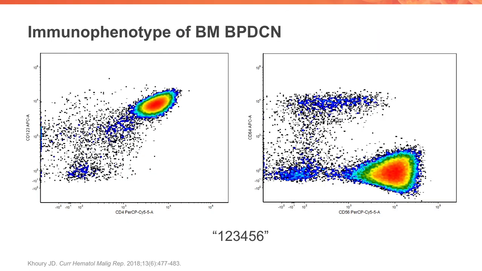The flow cytometry supports the diagnosis by showing co-expression of CD123 and CD4 and high expression of CD56 with negative CD64 marker. This can be easily remembered as 1, 2, 3, 4: CD123, CD4, and CD56.